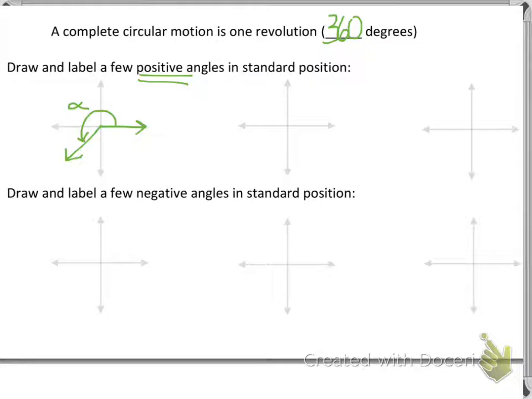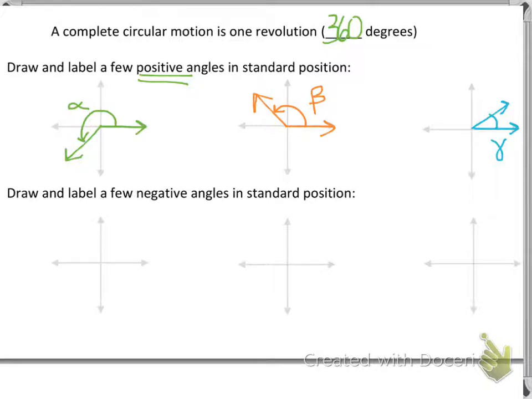So another example would look like this, and it's going counterclockwise, so we're going to call that beta. And then my last one, I can even make smaller, therefore acute. And again, it's counterclockwise.